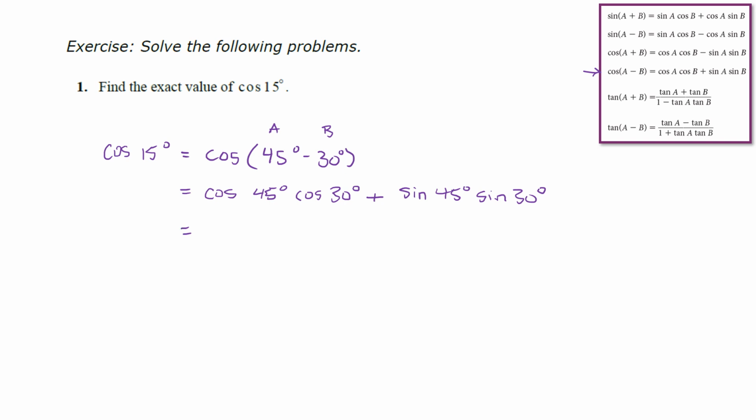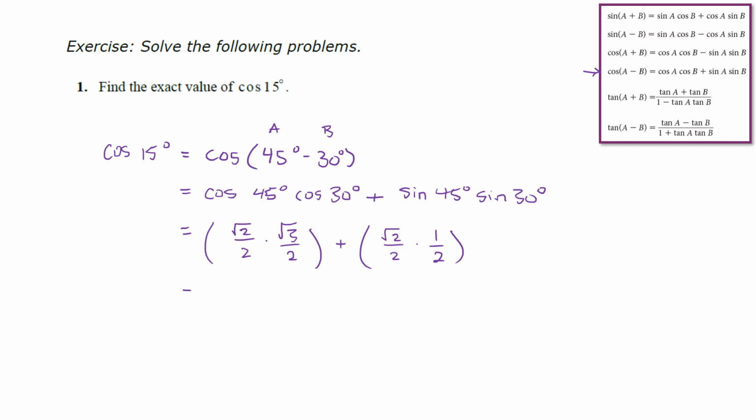So the cosine of 45 degrees is the square root 2 over 2. The cosine of 30 degrees is the square root 3 over 2, and I'm multiplying both of those values, plus the sine of 45 is the square root 2 over 2, and the sine of 30 degrees is 1/2.